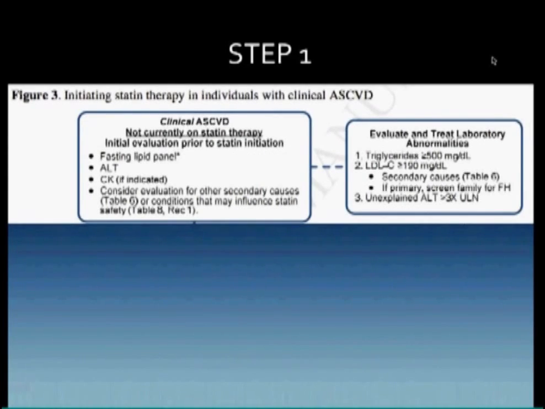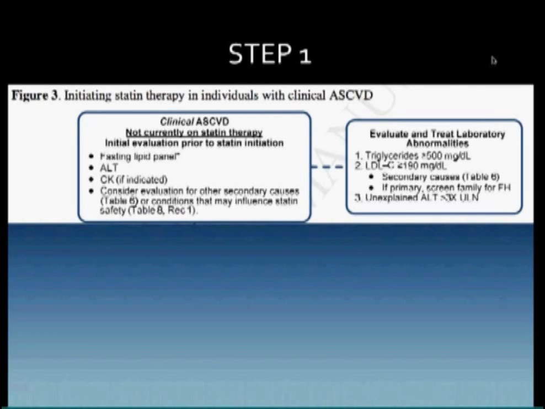So basically, you have a AAA patient who comes into your office. He's not on a statin. How do you approach this? You want to start a statin, obviously, because AAA is a coronary artery disease equivalent. So first, you check a fasting lipid level, and you see whether they have any of these on the right-hand side of the screen.